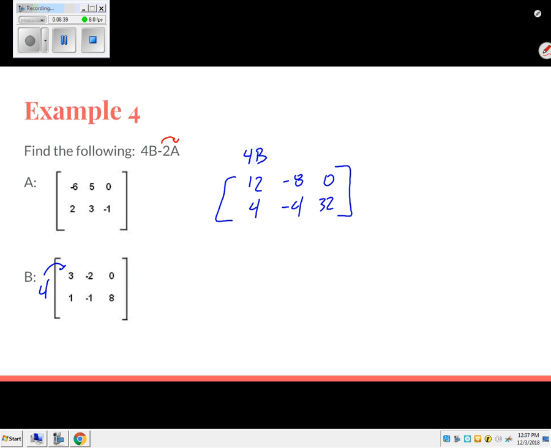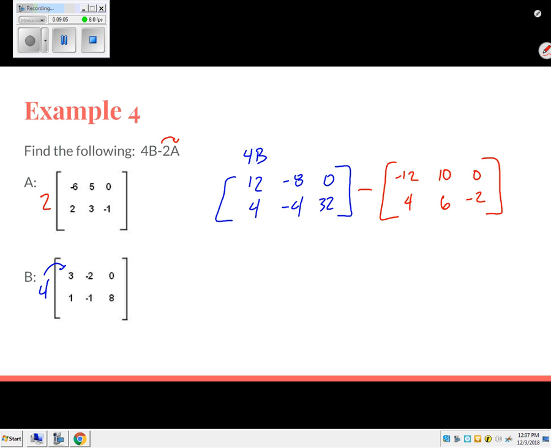If you do that, make sure you put a plus sign because you distributed a negative. I'm not that brave, okay? I'm just going to distribute a 2 through matrix A, and I'll just subtract my matrices. So if I distribute a 2 through matrix A: -12, 10, 0, 4, 6, and -2.